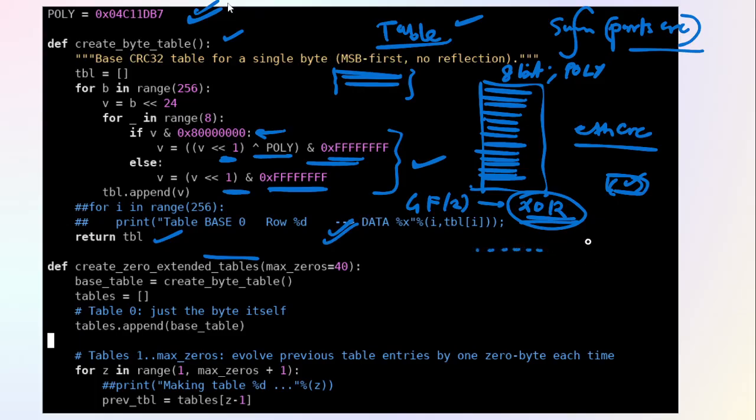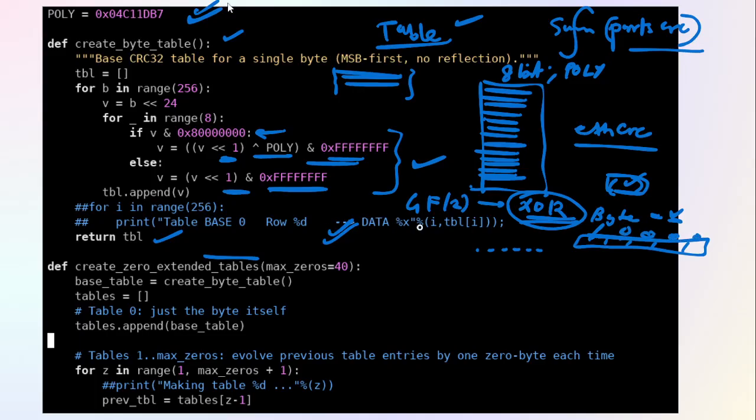If you take a word and the MSB is some byte with value V, in that word there are also place values behind that byte, so it's got zeros behind it.